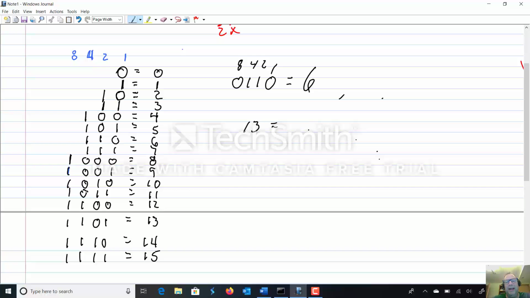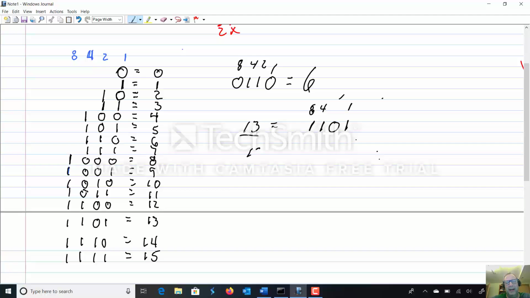That would mean that I would have a 1 in the 8s position. So it would be 13 minus 8, which would leave you with 5, so that would be a 1 in the 4s position. And 8 plus 4 is 12, and then there would be a 1 in the 1s position. So 1101, as you can see here, would be 13. You can see what I did there. I just took the 8, the 4, and the 1, where there's 1s, and I added them together.